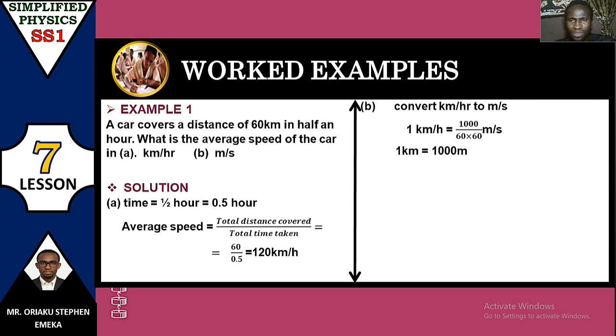So we just need to convert 120 km per hour to meter per second by saying 120 multiplied by 1000, divided by 60 times 60, and that gives us 33.33 meter per second. So 120 km per hour is the same thing as 33.33 meter per second.